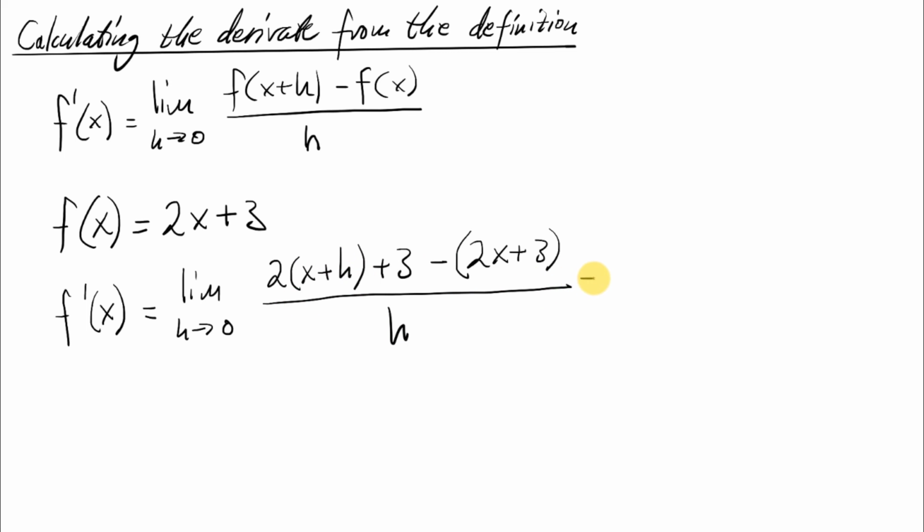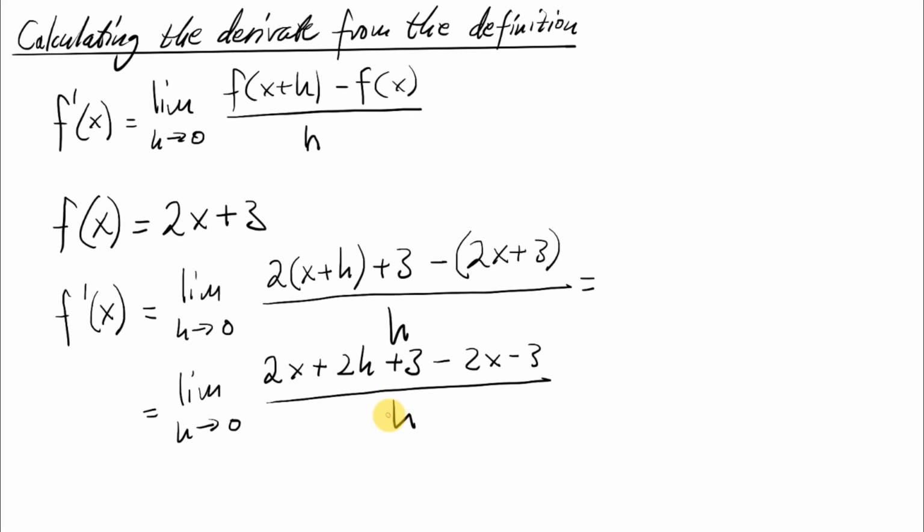Simplifying this, we have multiplied in 2. Here we see that 2x cancel, and also a 3 cancel. So what is left is 2h divided by h. And here we can simplify this to 2.